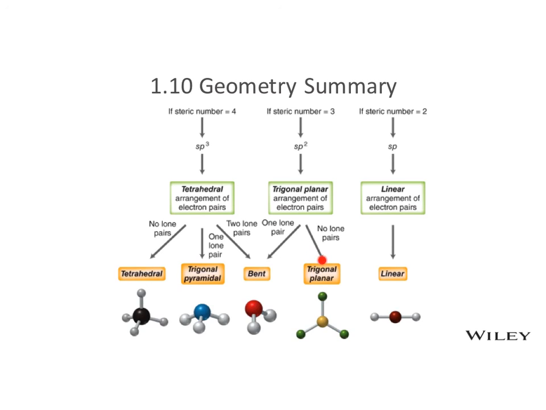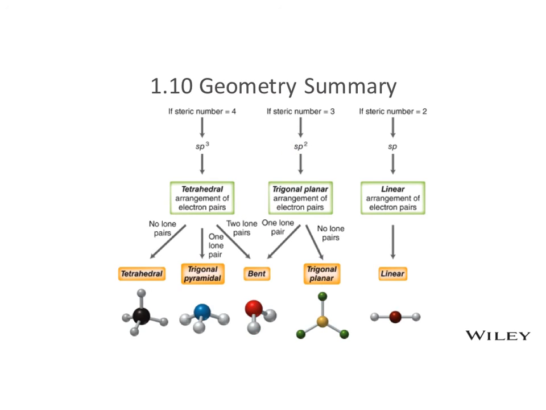Now, if we don't have any lone pairs, then that's how we get our trigonal planar geometry. And we saw that in the ethylene case, C2H4 before. Each carbon was trigonal planar. But if you have one lone pair sitting in place of an atom, then you're going to get another bent type structure for the sp2 hybrid.